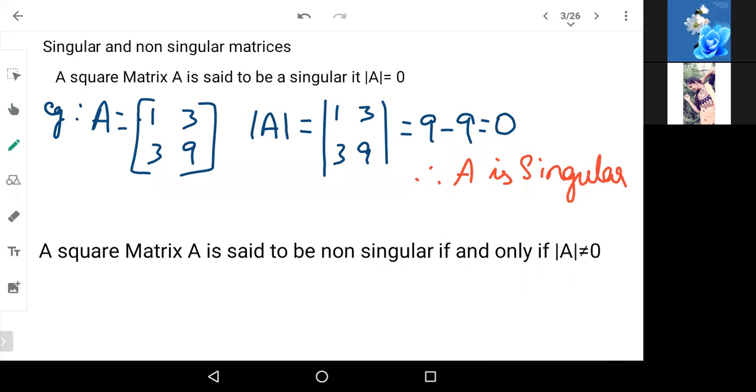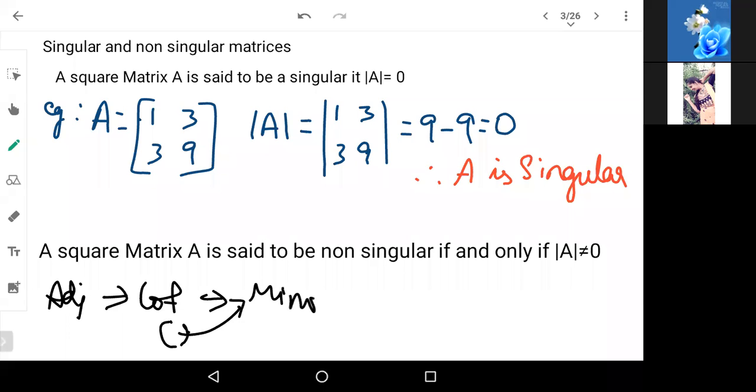To find the adjoint, you have to find the cofactor, right? To find the cofactor, you will be finding the minor, correct? And we will be using the adjoint to find the inverse of a matrix.